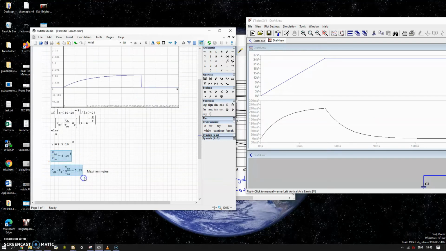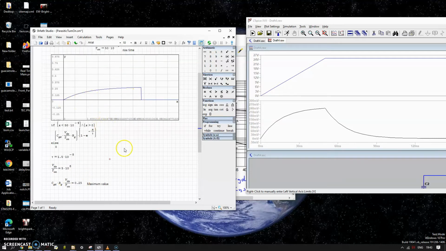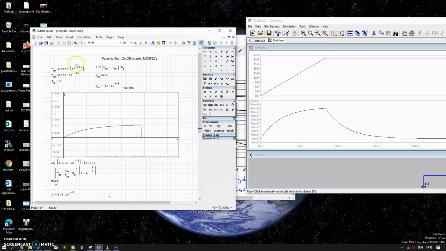Doesn't really matter though. All we can do is check what the parasitic turn-on voltage is likely to be. By this equation, we can model it if we like, or what we can do is just make sure that the ratio of CGS to CGD is greater than 15.